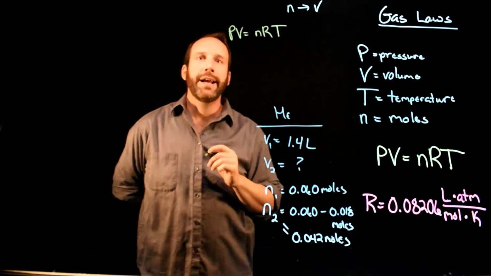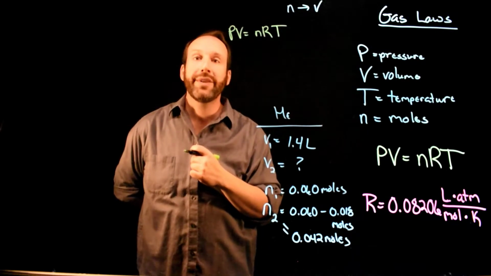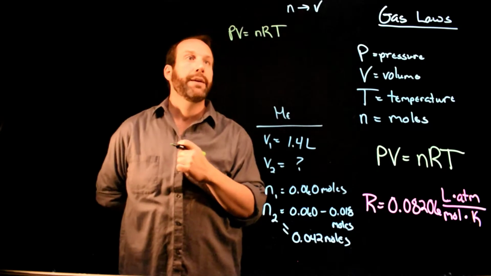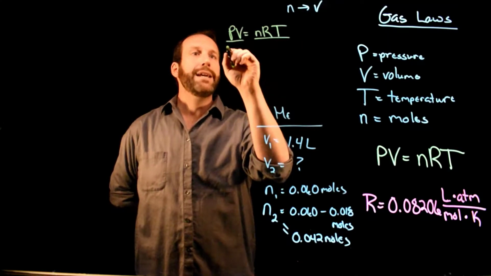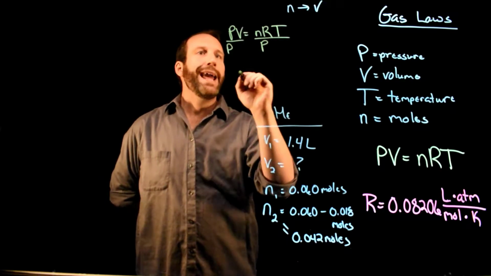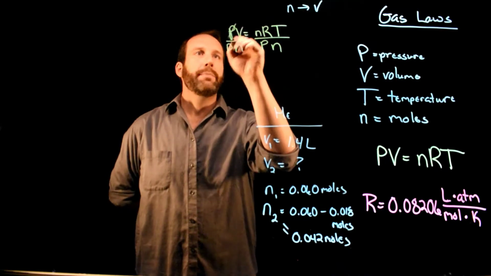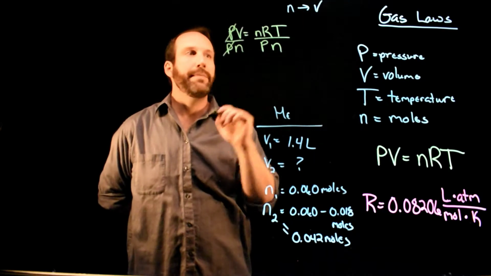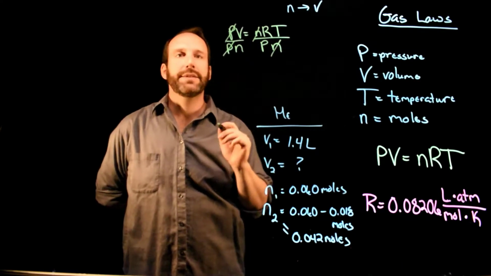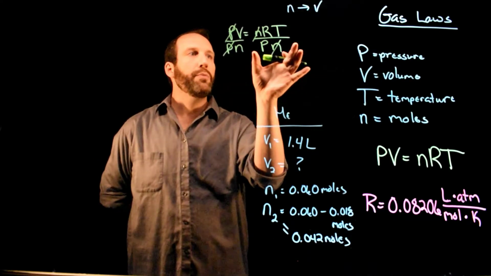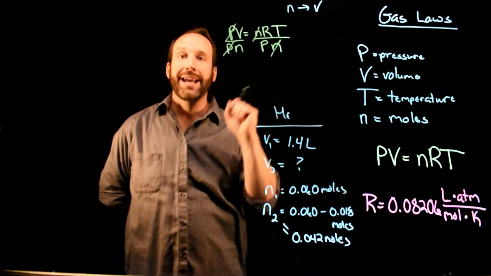and we can try to isolate on one side of the equation only the things that are changing. So we can divide both sides of this equation by P and by n. Look what happens if we do that. The P's cancel on this side of the equation, the n's cancel on this side. So over here, all that we're left with is RT over P, only the things that are staying constant.